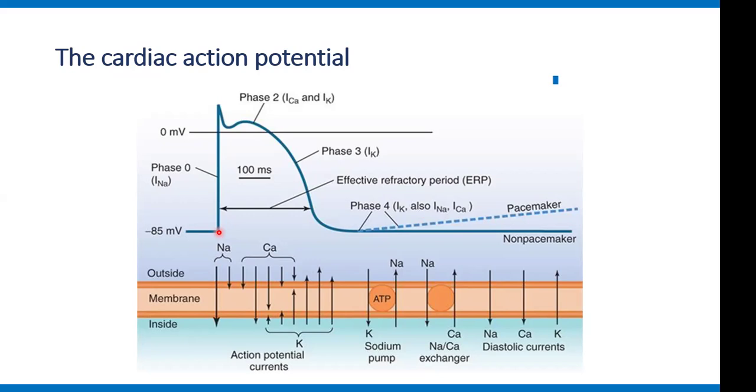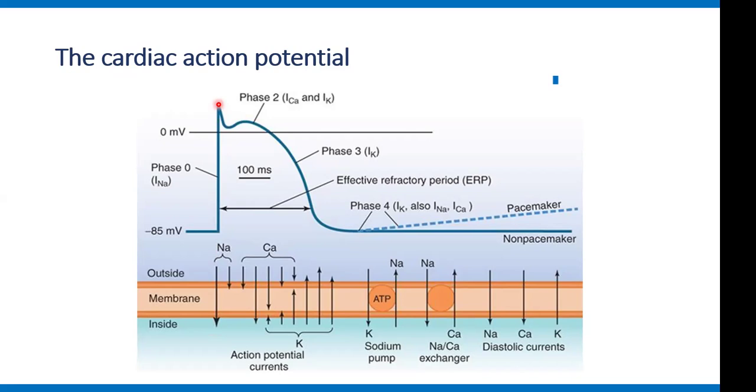And what happens is that because they open rapidly, the inside of the cardiac myocyte instantly becomes positive up to 0 and overshoots. And once it overshoots, up to a certain voltage or amplitude, they are inactivated.